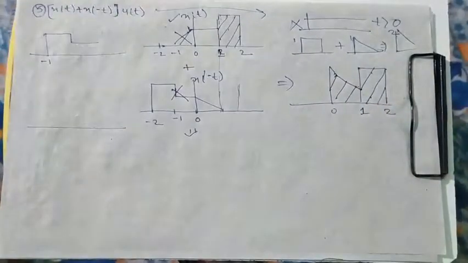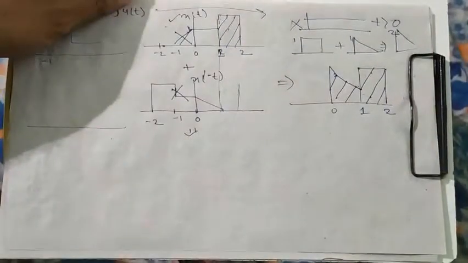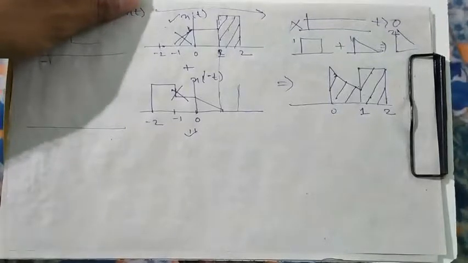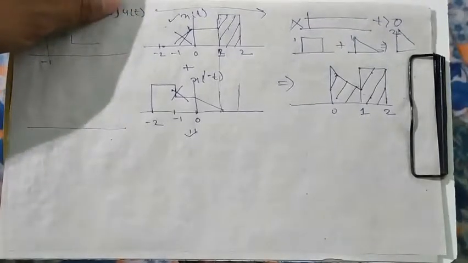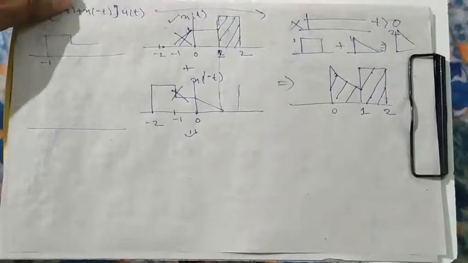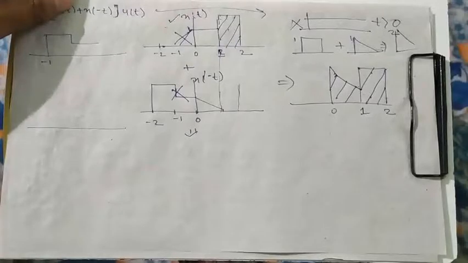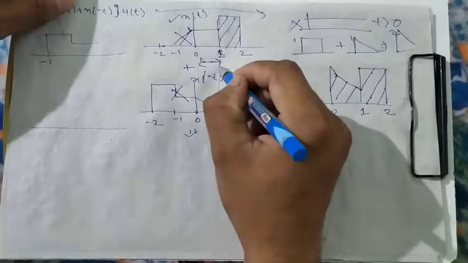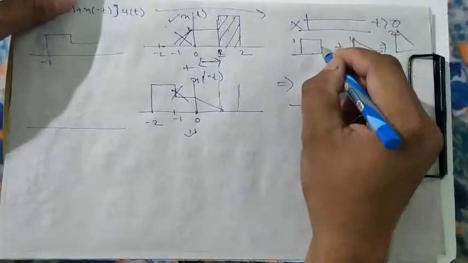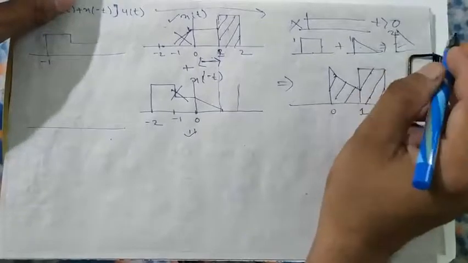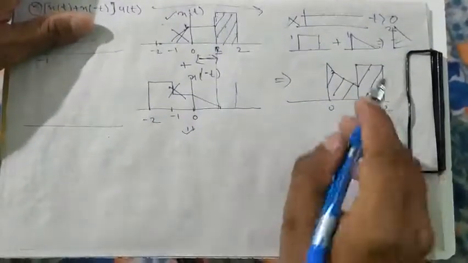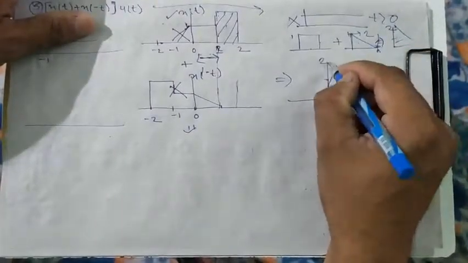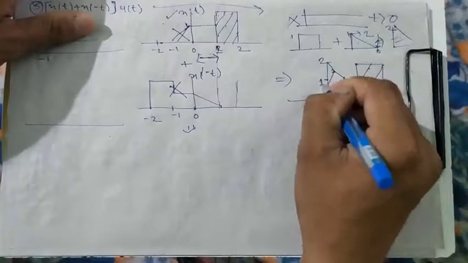This is the answer, because for the interval 0 to 1, a ramp function added to a constant of 1 unit is raised by 1 unit. From this side it is 1, it is 0, so 0 is raised by 1, and for 1 to 2 it is 2 units, it is 1 basically, okay.